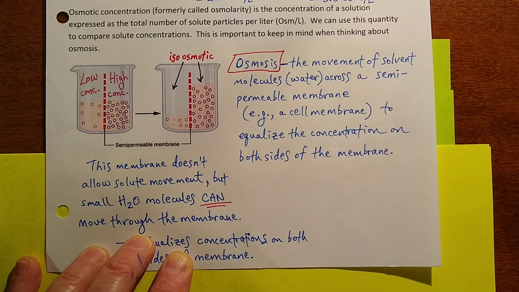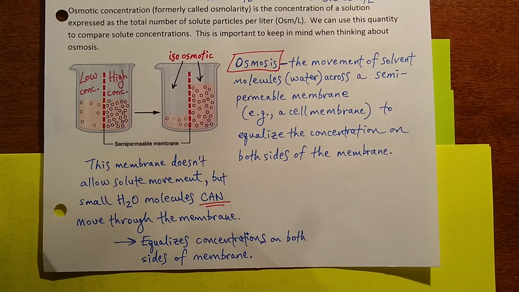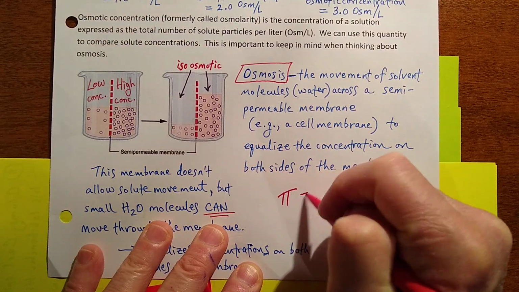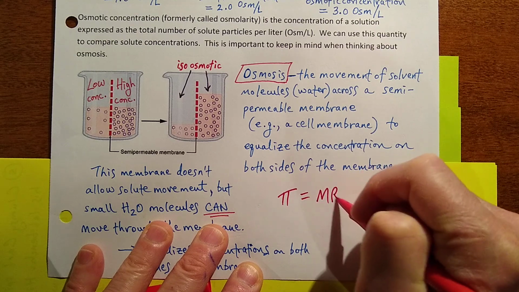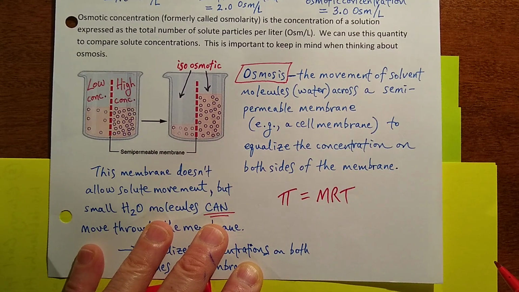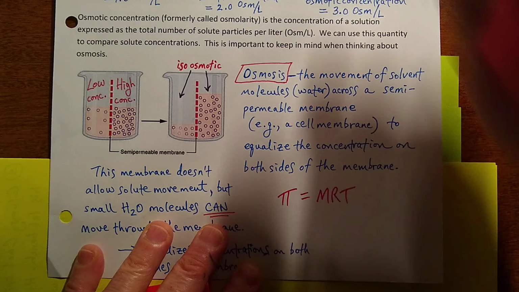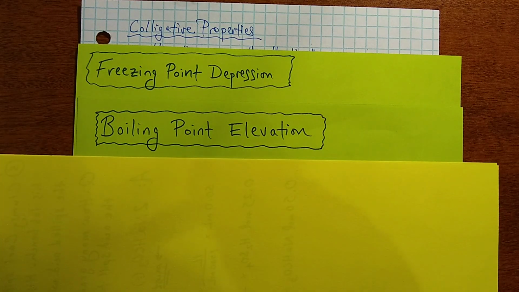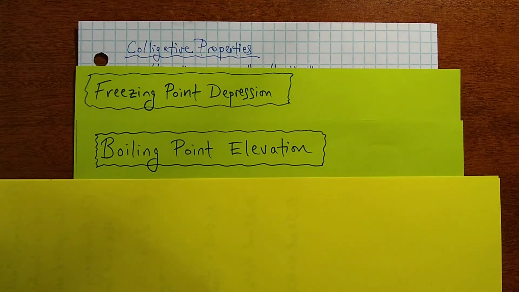Instead of PV equals nRT, it's pi equals, I believe, MRT. So it kind of looks like the ideal gas law. Again, we're not going to treat this in a quantitative way. It's more of a conceptual argument.